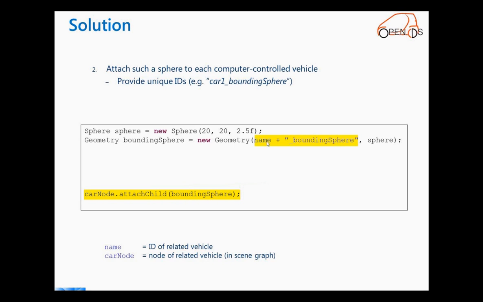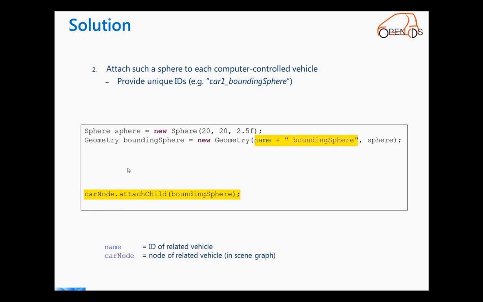The name comes already from the car, and we add underscore bounding sphere, as already said. Furthermore, we hand over that sphere to the constructor of geometry, and we get a bounding sphere here. And this is what we add to our car node.